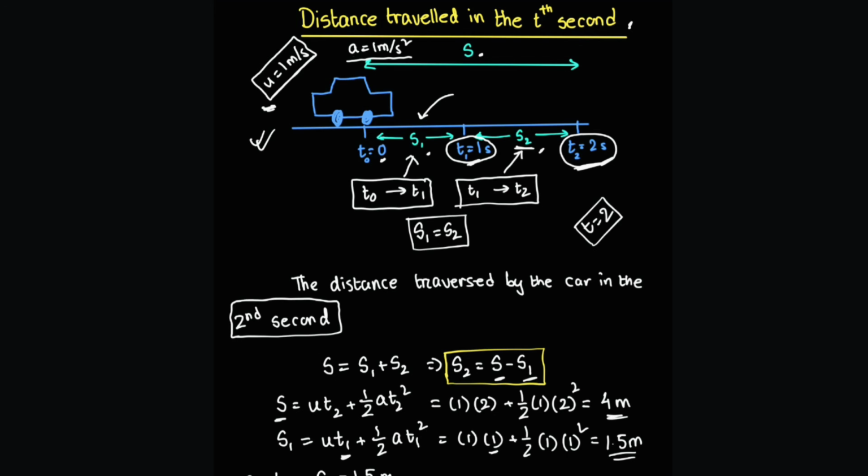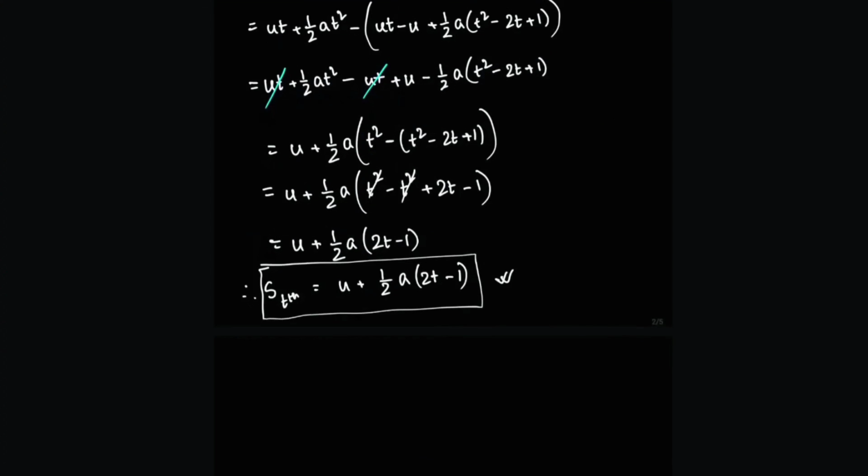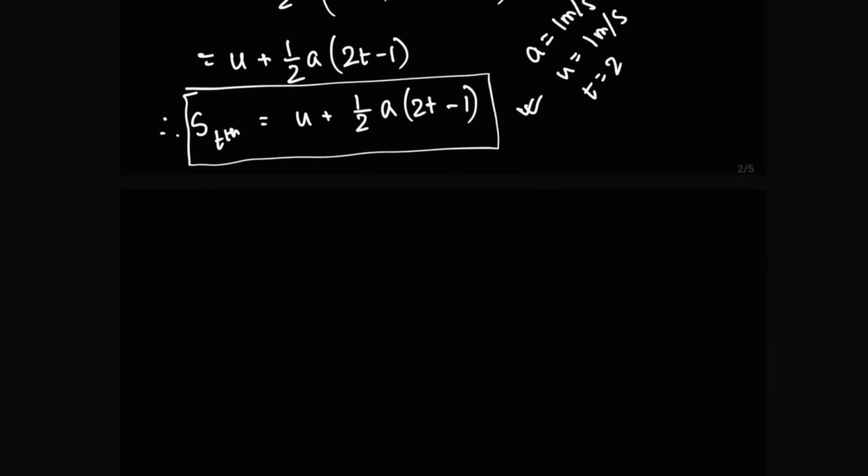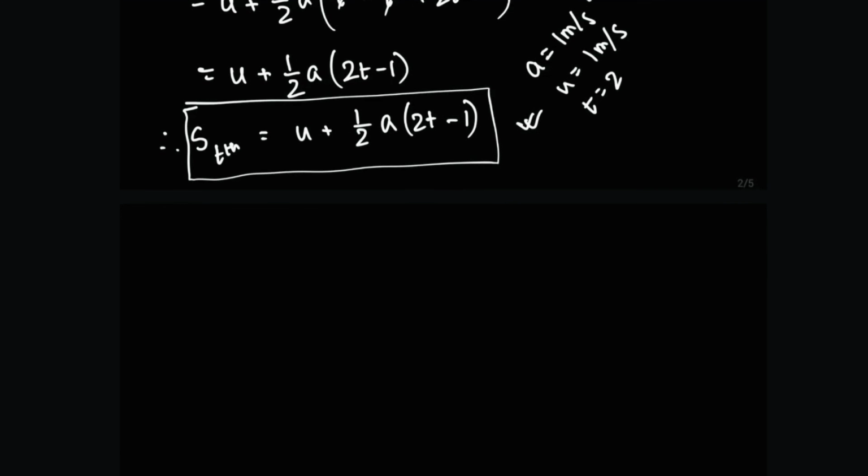Acceleration is of course 1 meter per second squared, and the initial velocity u is equal to 1 meter per second. So we plug in the values over here: a is equal to 1, u is equal to 1, and t is equal to 2.